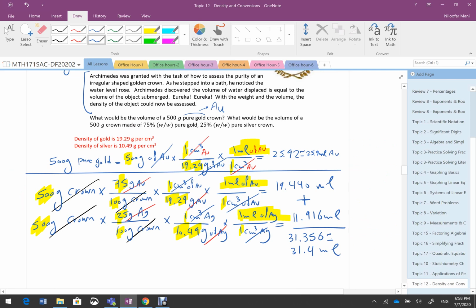Let's compare these two numbers. This is the volume if I have just gold, and this is the volume if I have part gold and part silver. So I can put the crown in water.